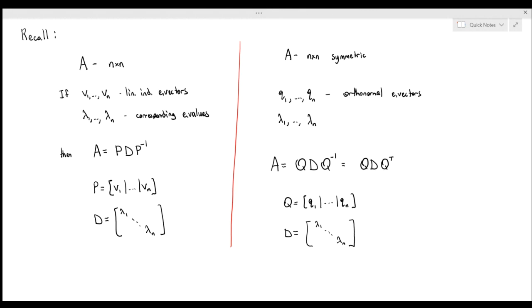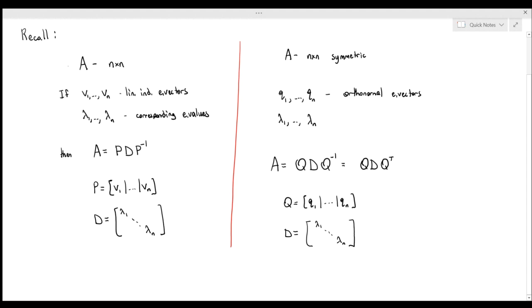Just a recap of how that works: if you have an n by n matrix A, and you are able to find n linearly independent eigenvectors, and let's say lambda 1 through lambda n are the corresponding eigenvalues, then we can factor the matrix A as PDP inverse, where matrix P has the eigenvectors as its columns, and the matrix D is a diagonal matrix with the corresponding eigenvalues along its diagonal, okay?